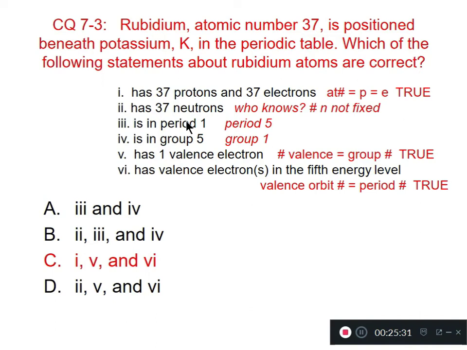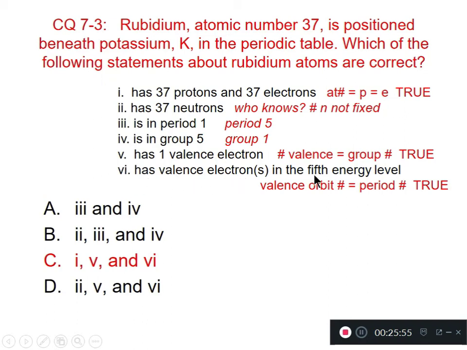On the periodic table, it clearly labels which ones are the groups, which are the columns, and which ones are the periods, which are the rows. Make sure you can get those correct. It has 1 valence electron. Well, if it's in group 1, and I know that the number of valence electrons is equal to the group number, so that's true. I would need the periodic table for 5 and 6 as well.